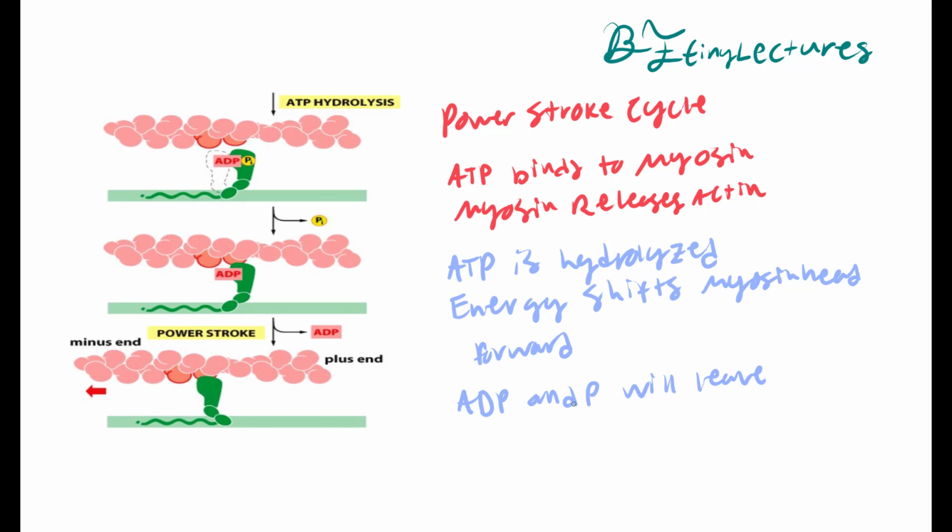And when this leaves, the myosin head will move the actin filament to the left side. So now the actin filament will shift. And then once again, the ATP can come in and bind to the myosin once again, and it can cause a conformational change. And that is the power stroke cycle.